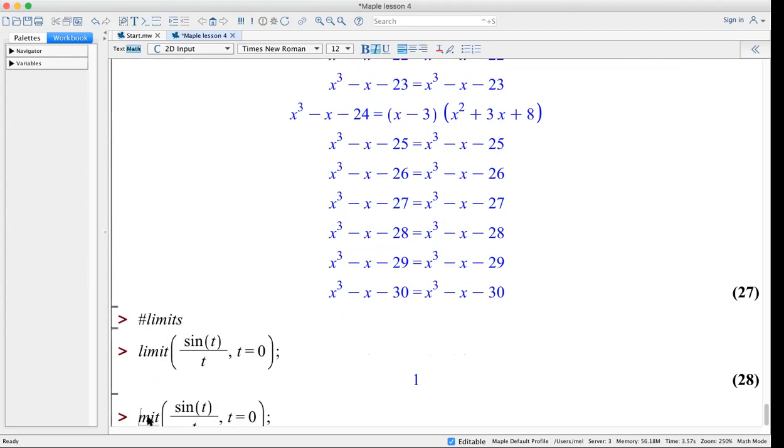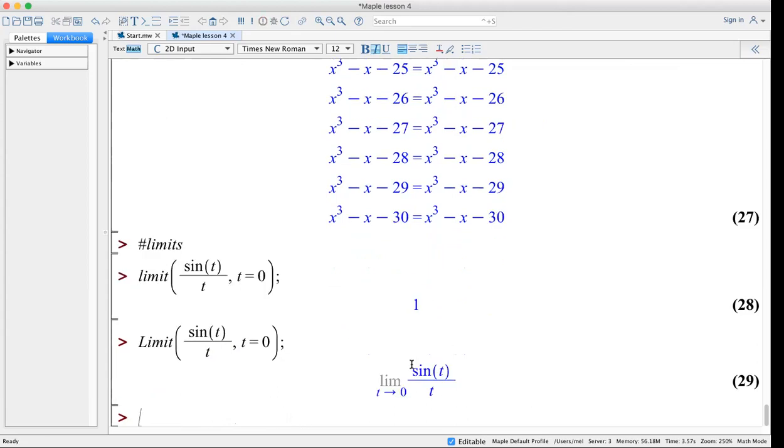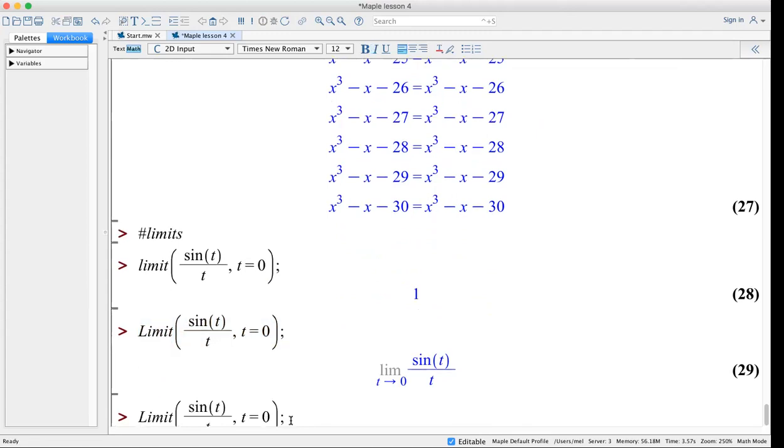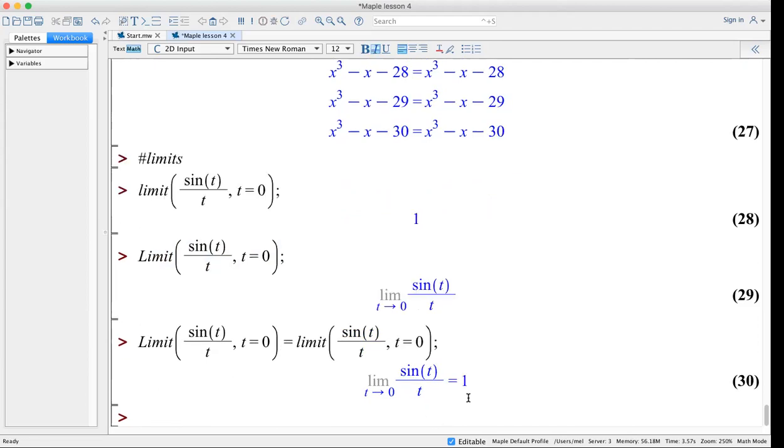If we write limit with a capital L, we just get a restatement of the problem. And one nice thing you can do in Maple is put these together, so you actually see the output as an equation. The limit as t goes to 0 of sine t over t is 1.